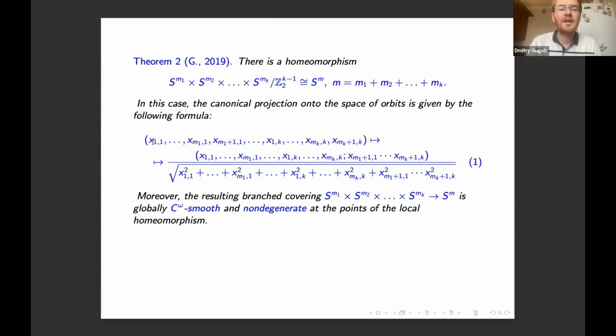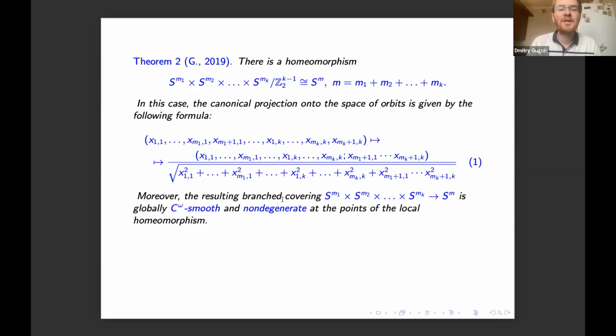You just take the coordinates on these spheres, throw away the last ones, concatenate the first ones, and for the last ones you just take the product, and you have the vector with m+1 coordinates, which is always non-zero. And if you want to have length 1, just normalize it by its Euclidean norm.